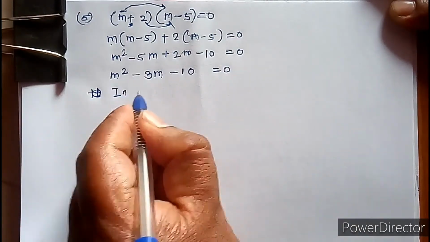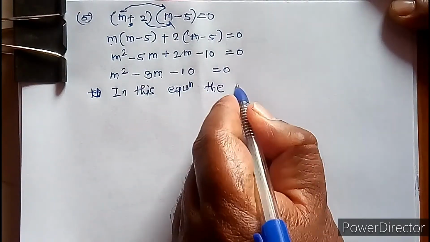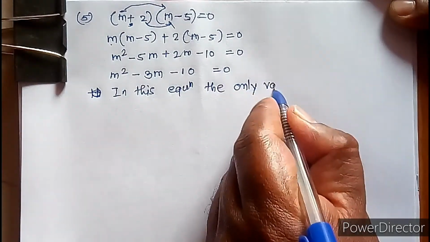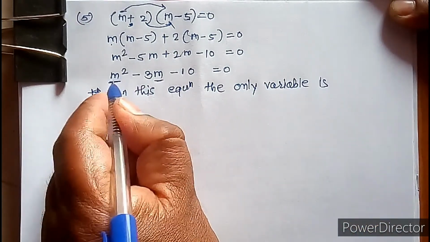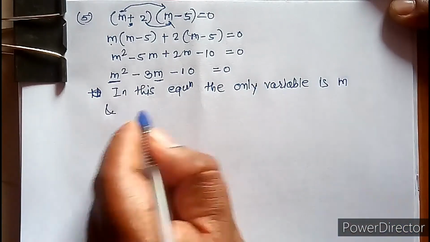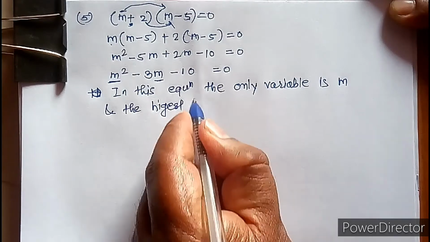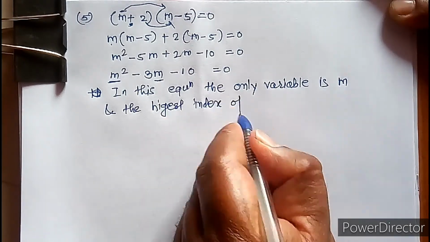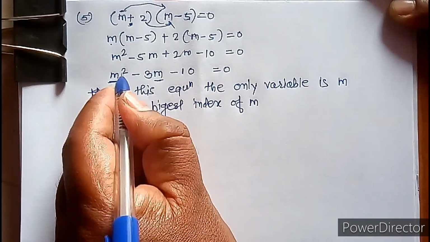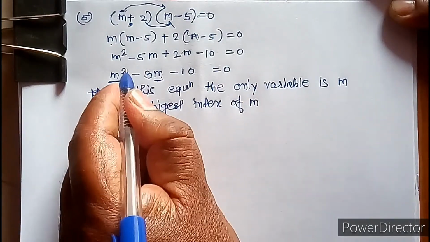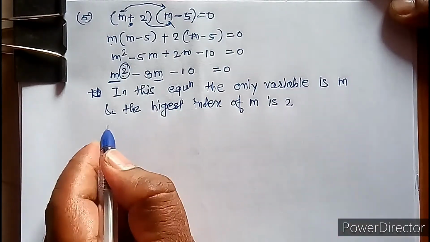Here in this equation, the only variable is m, and the highest index of m is 2.